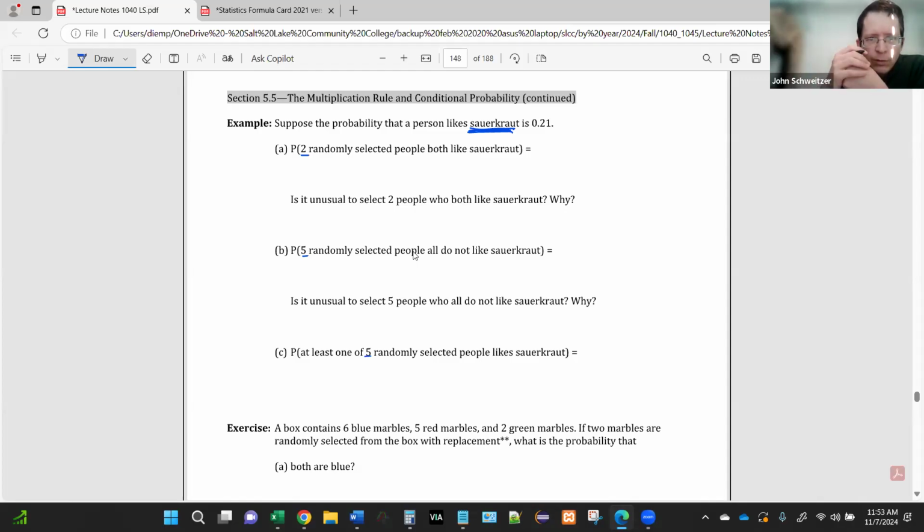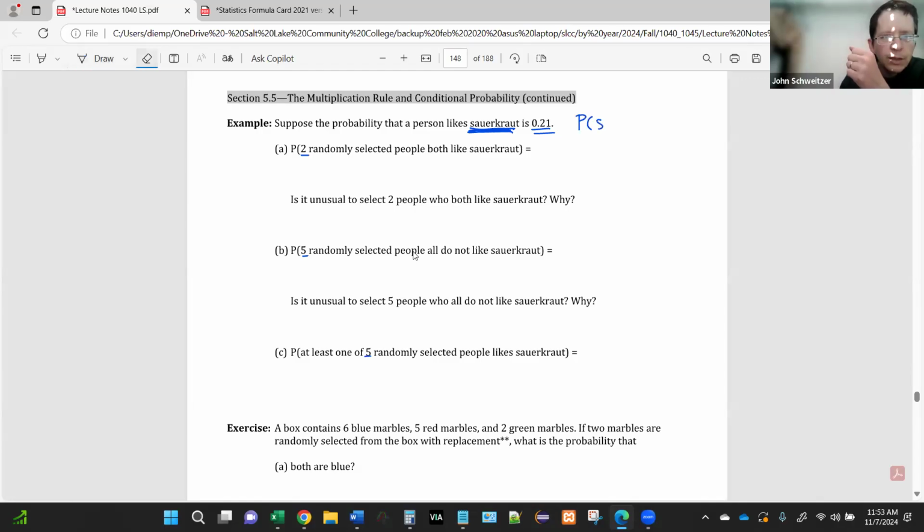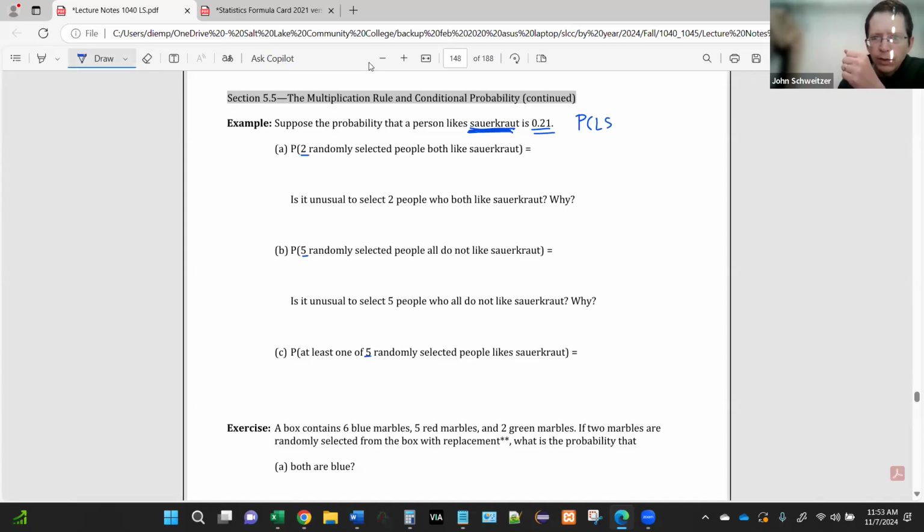It turns out that it's not as popular as I imagined. It's only about 21% of people that like it. So the probability that somebody likes sauerkraut is actually fairly small. It's about 20%.